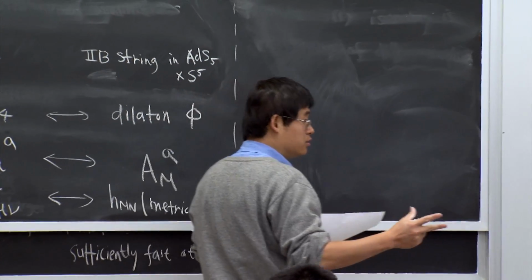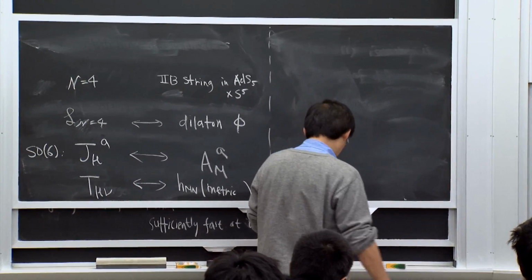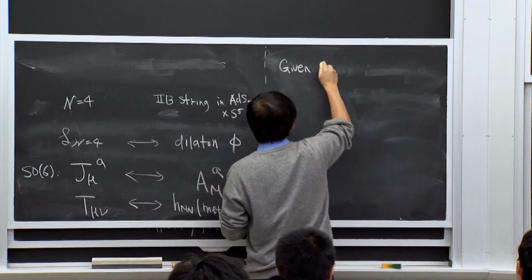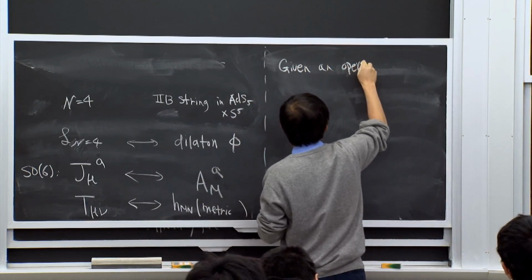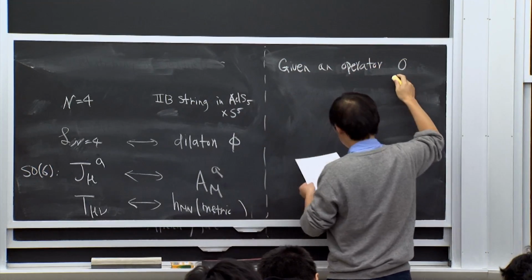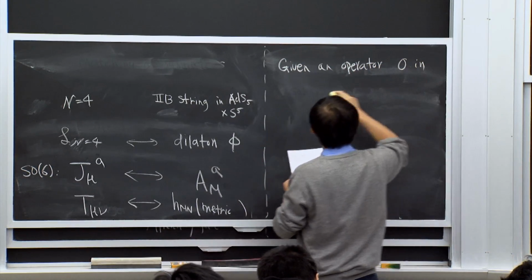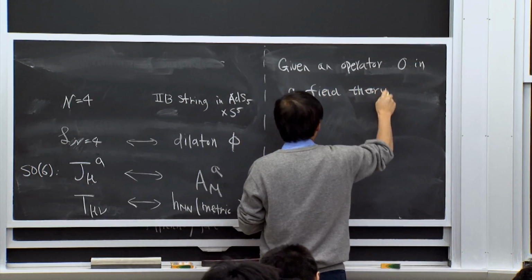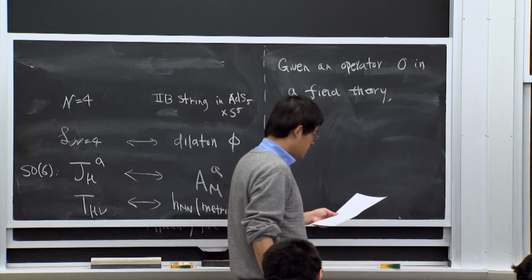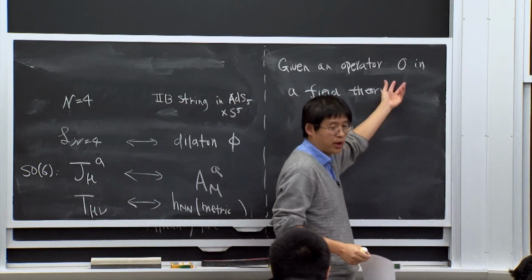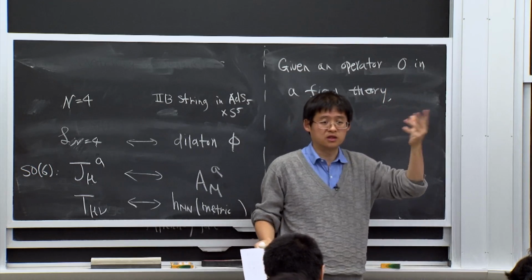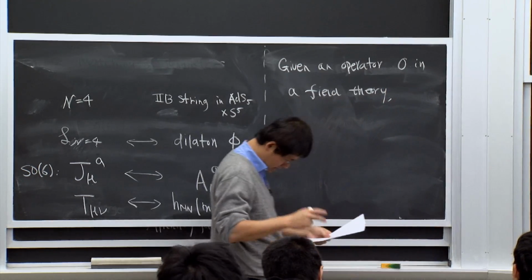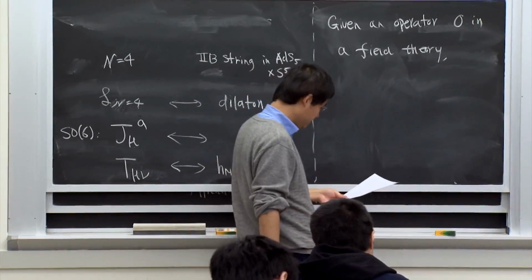So the first thing you can do, the immediate question you can ask, is that given an operator O in the field theory, there are some natural questions one can raise about this operator. For example, what are its correlation functions, etc. And that we will discuss a little bit later. But now let me discuss a natural question.